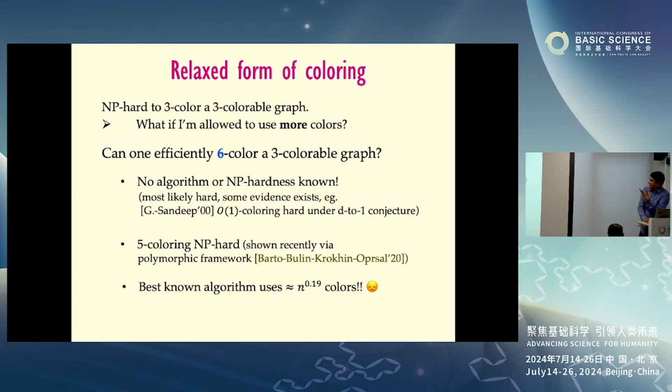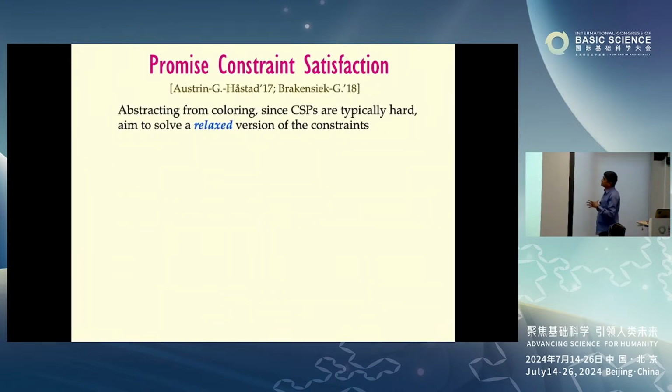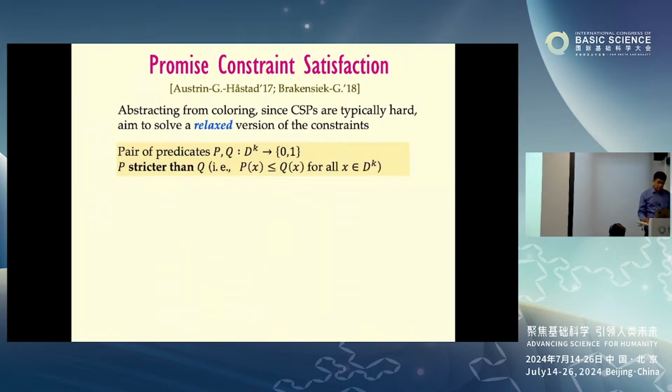To study these hard problems, we would like to define a class of problems called promise constraint satisfaction, which consider relaxed versions of these problems. It may not promise CSP will do better than Q. So P always.